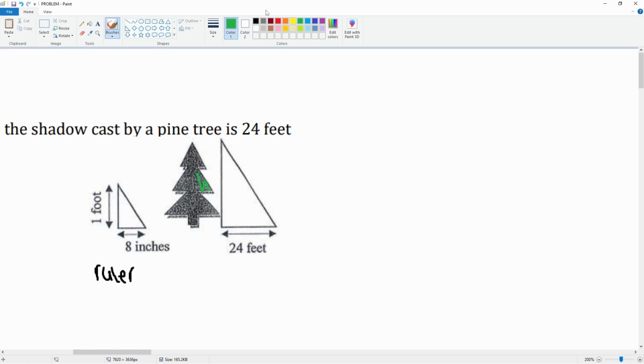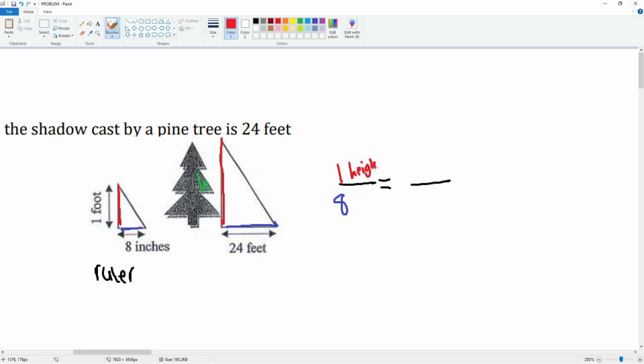Okay. All right. So let's just set up the proportion here. This can be red, this can be red, and then the bottom is going to be blue and blue. All right. So we're going to compare the height of the ruler. So this is 1 foot over the 8-inch shadow. So I can even label this.